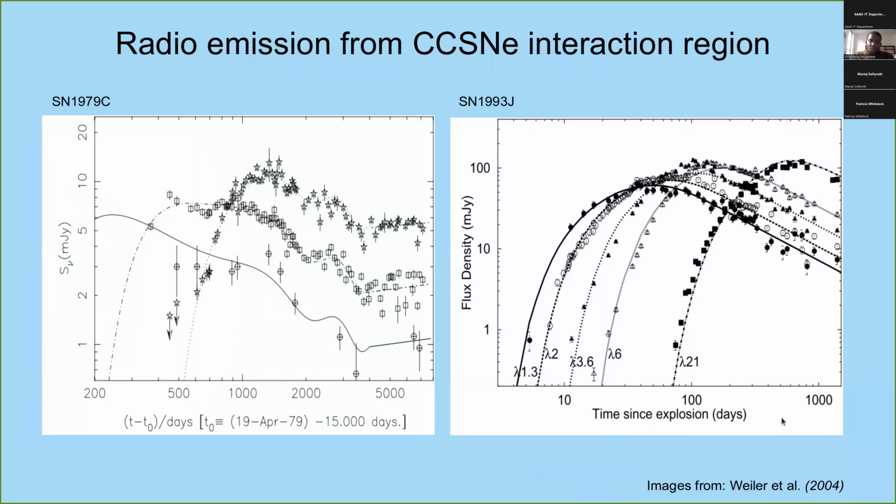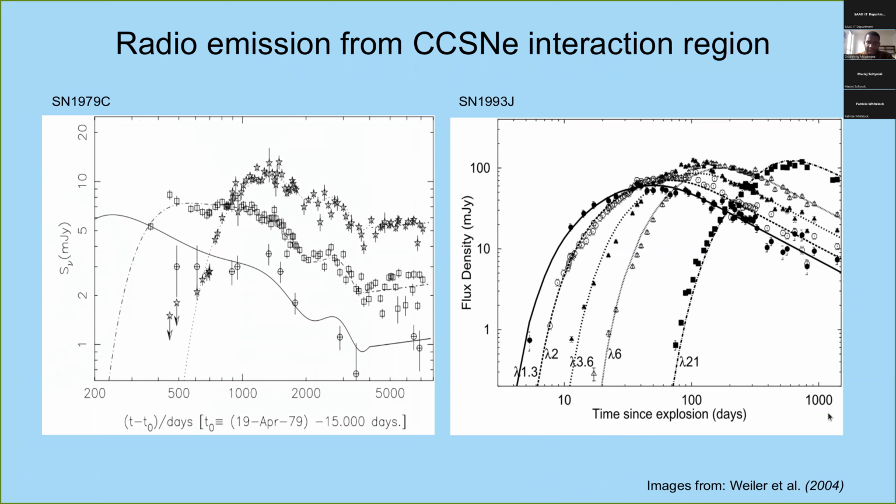What has been observed from these regions is mostly radio, though there is some X-ray data, but the radio emission is the one that really can be used to map out the structure of the circumstellar medium around these objects.